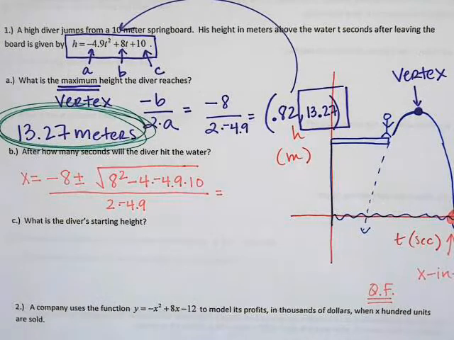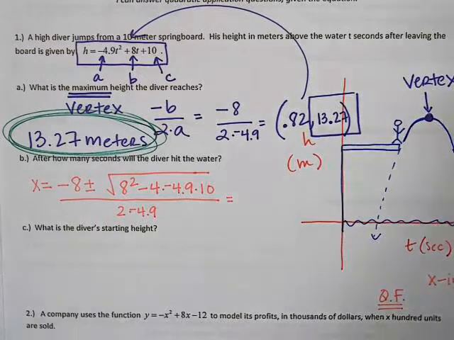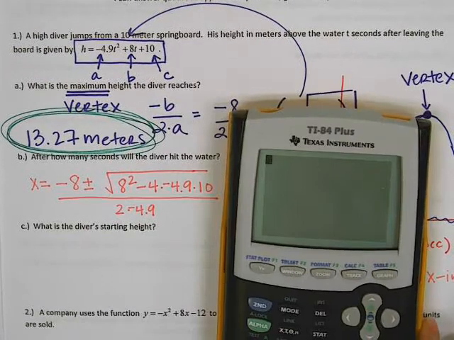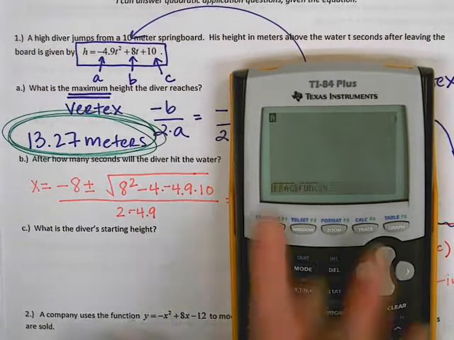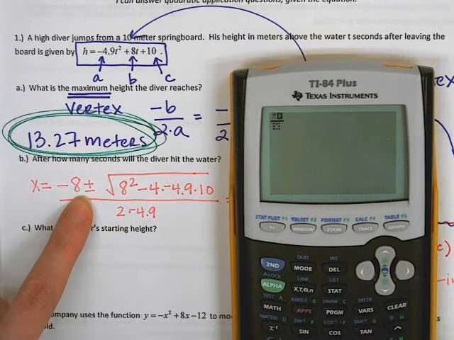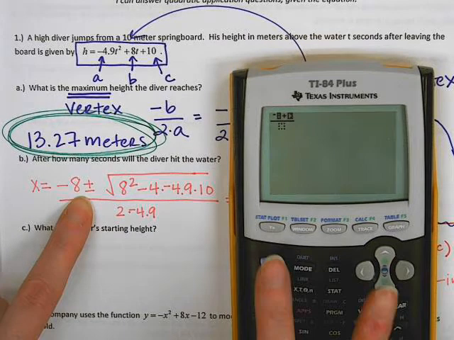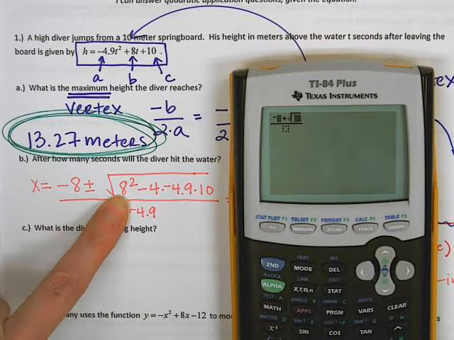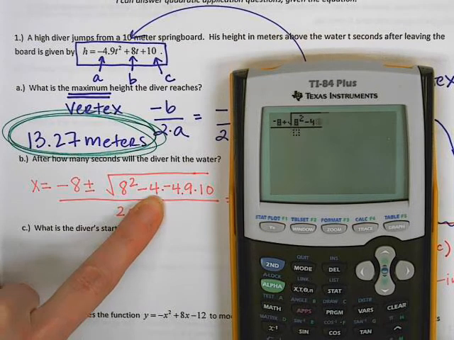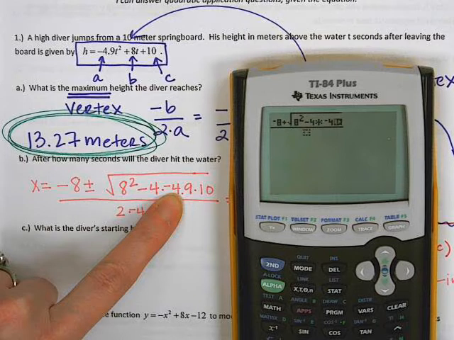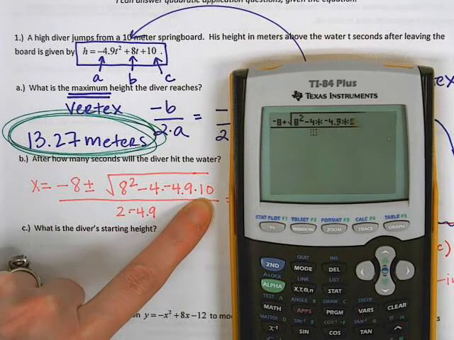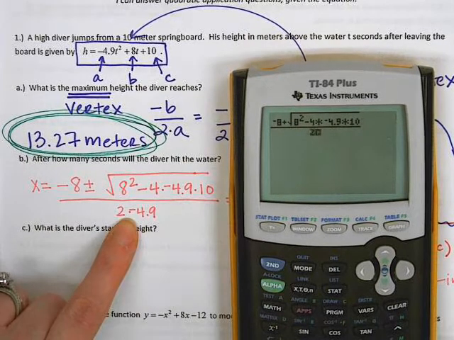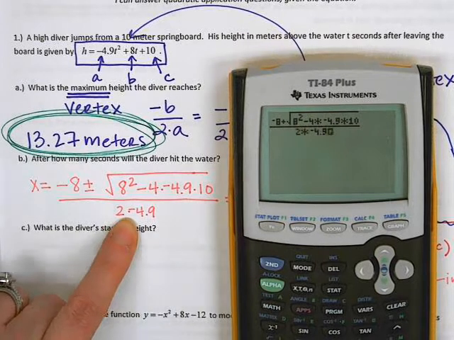Okay, let's get our two answers. Let's type it in. We'll make a big fraction: negative 8 plus square root 8 squared minus 4 times negative 4.9 times 10 all over 2 times negative 4.9.